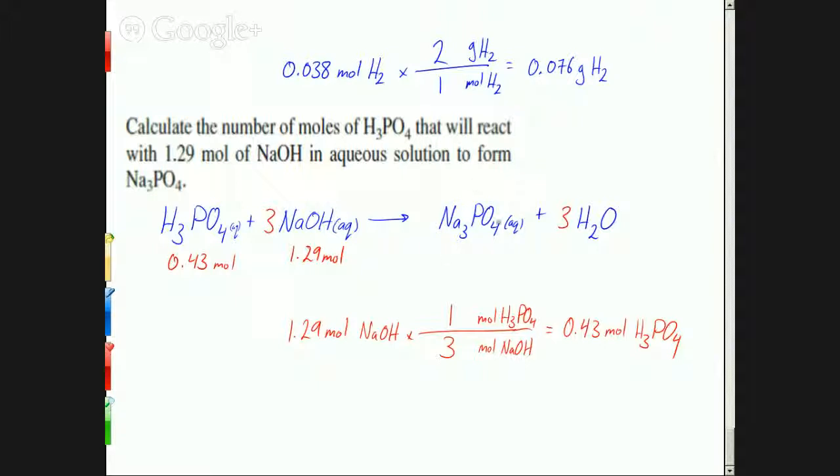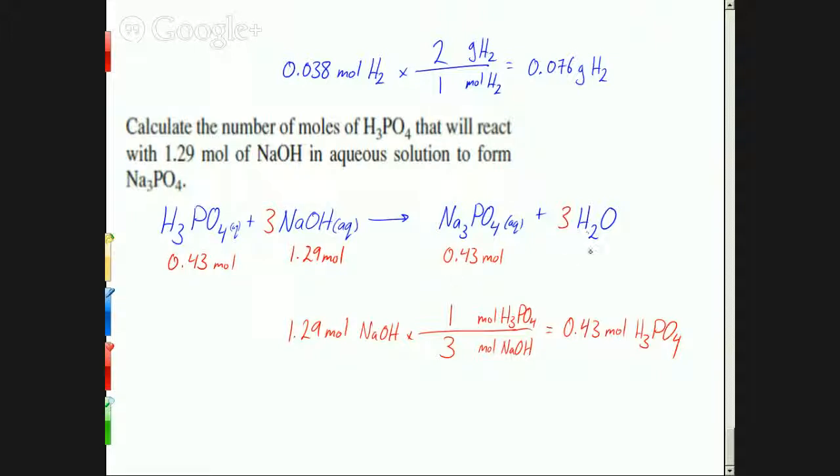How many moles of this are we going to make? Do we have to do another calculation, or can we just see it? It's just 0.43. Because we know that this is 1 to 1. So every one of these has to make 1 of these. Therefore, every 0.43 of these has to make 0.43 of these.